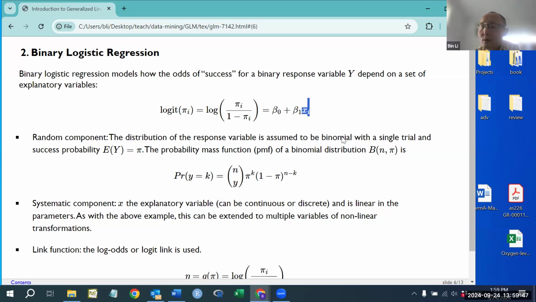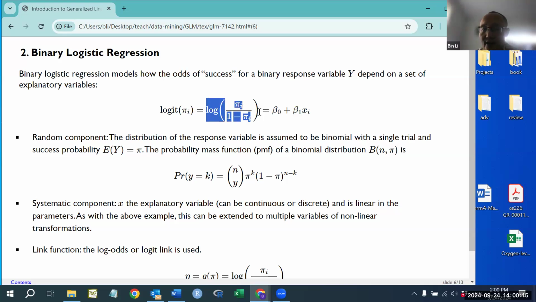In this example, if the temperature increases by 1 Fahrenheit, then the logit will, on average, increase by beta. That's how we interpret it.